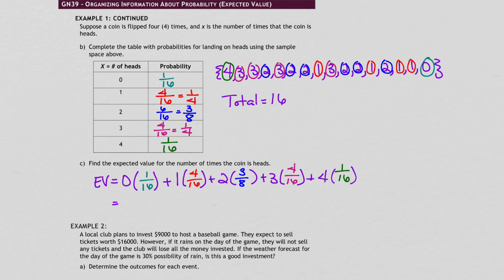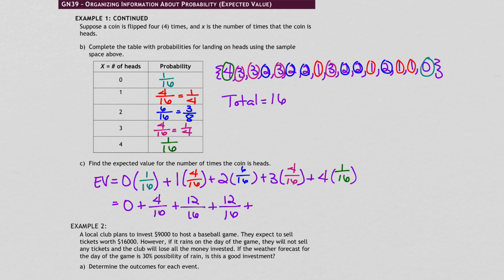So then we just simplify. 0 times 1/16 is 0. 1 times 4/16 is 4/16. 2 times 6/16, we just multiply the tops. 2 times 6 is 12, so 12/16. And then the next one, 3 times 4/16. 3 times 4 is 12/16.